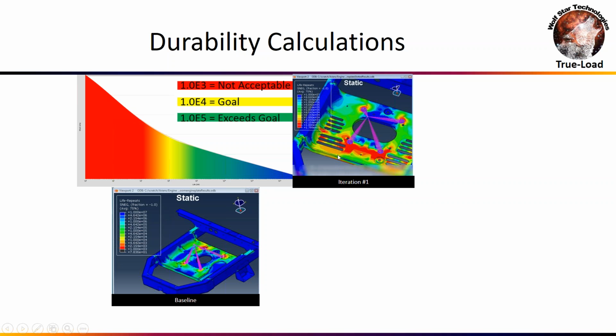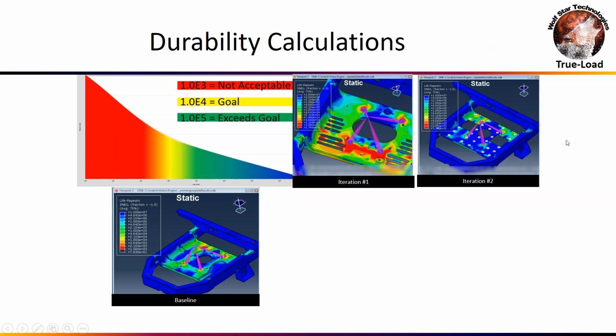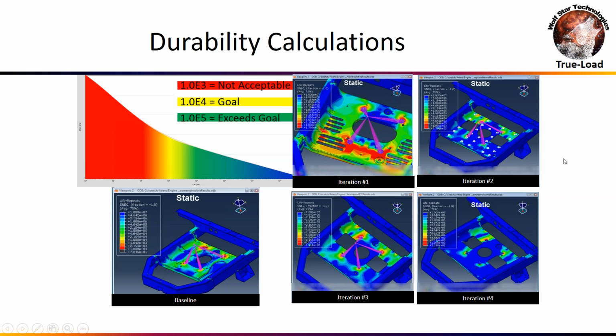Here's what FE-Safe is predicting for their initial design: 10 hours of repeat, and in the lab we actually got 12. So this is nice confirmation showing that we got the loading right, and then again going through different design iterations, by the end of the week we had the airflow they needed with better durability than they started off with.